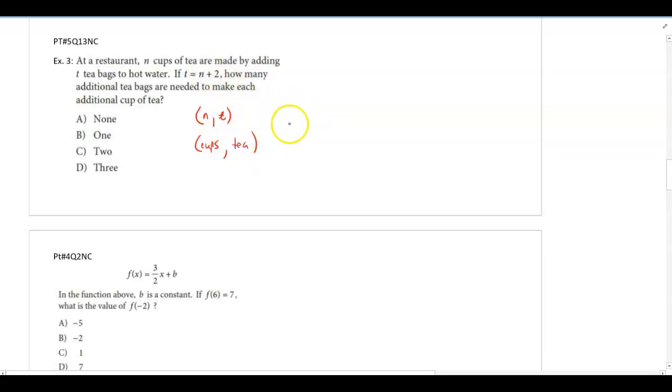Now, if you think about this logically, when I go to do my rate of change or my slope, that would be the change in the number of tea bags over the number of cups of tea. So basically it would be tea bags per cup.